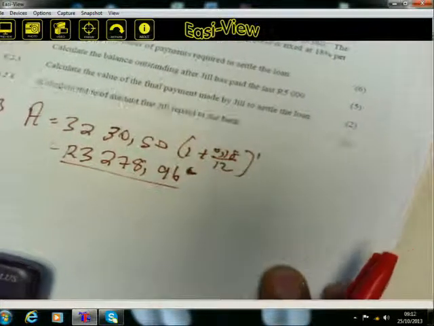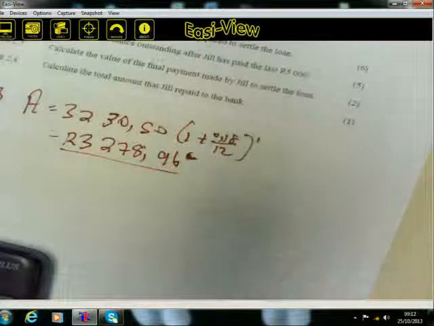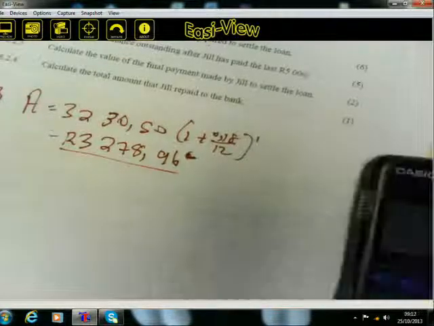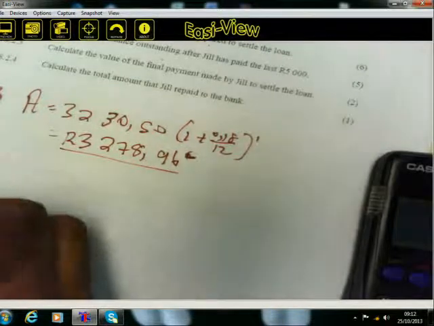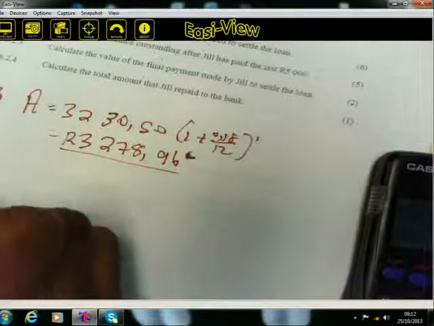Right. We go now to 8.2.4. Calculate the total amount that you paid to the bank. What will be the total amount? Of course, here, okay, you want to try it? Let me see what it is that you have. 8.2.4.